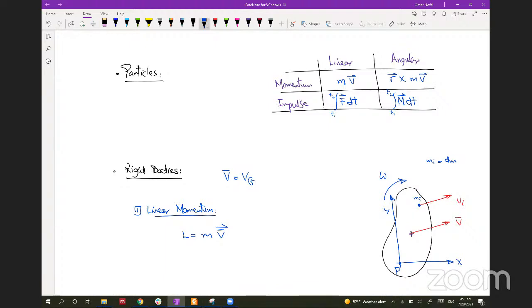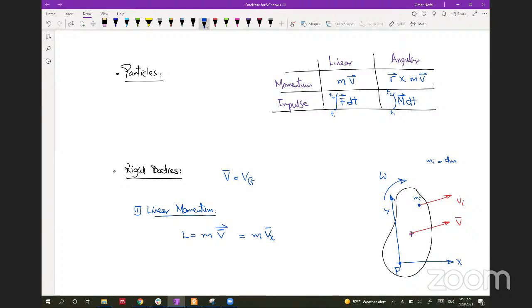Okay, so the linear momentum is a vector quantity because the mass is a scalar quantity, but the velocity is a vector quantity. When we multiply the mass, a scalar, by a vector, it gives us a vector quantity. Okay, so if we want to get the components in the x and y directions, it will be m vx bar, because we mean the velocity in the x direction of the CG.